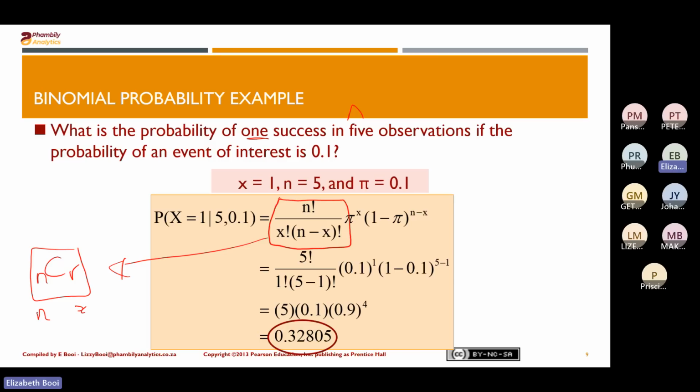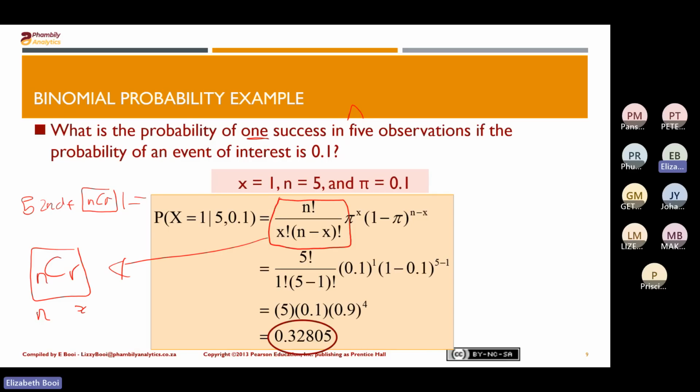And you just press, for example, on this one, it says 5 and 1. You will just press 5, then press second function and look for that nCr, then press 1 and press equal. If you are using a Sharp calculator, oh sorry, a Casio calculator, this one is for Sharp.